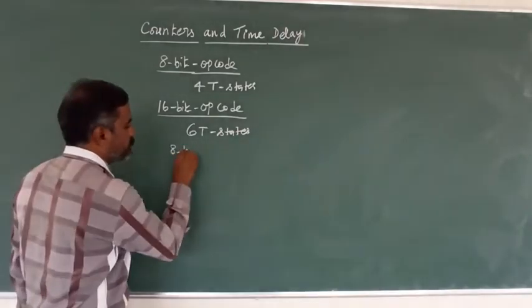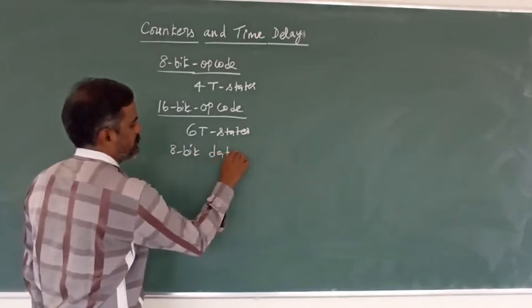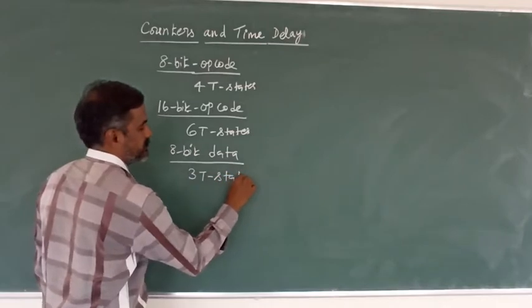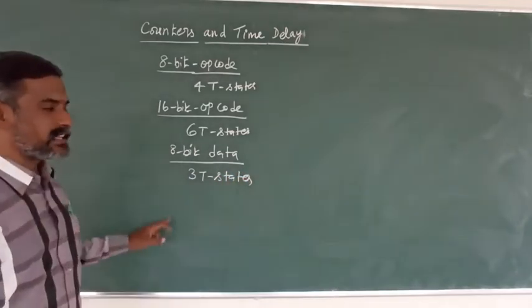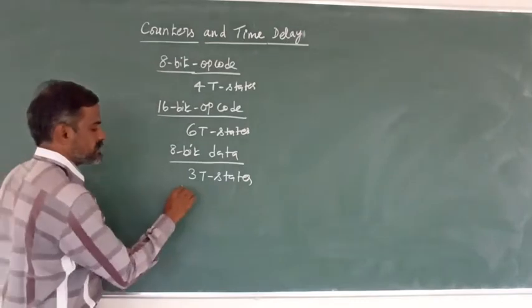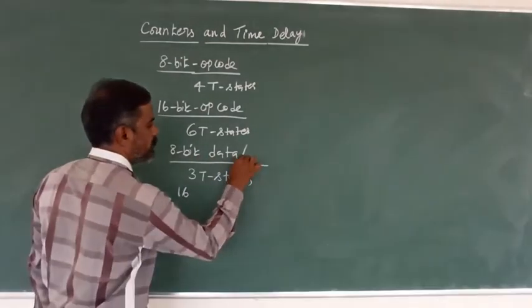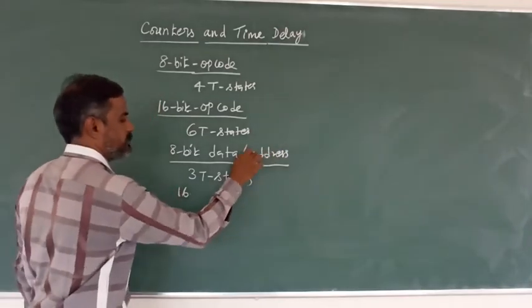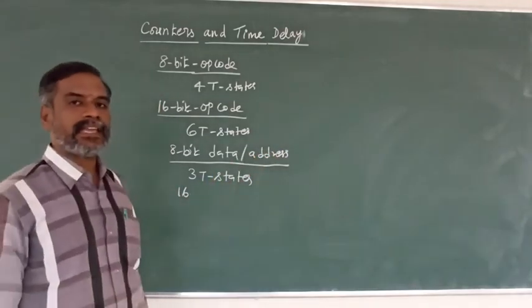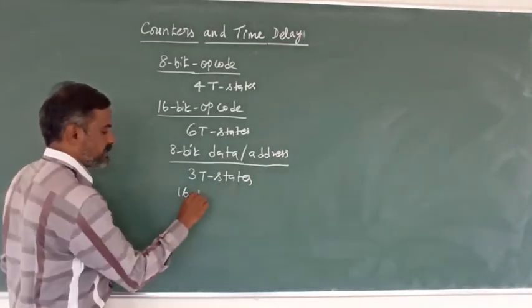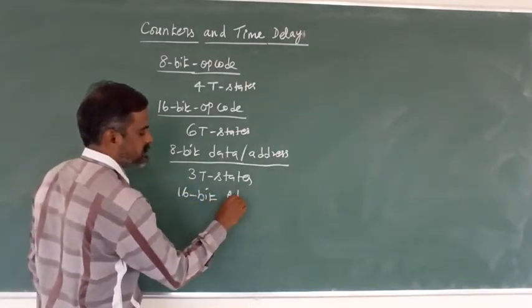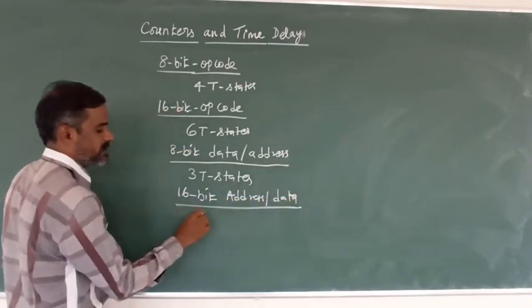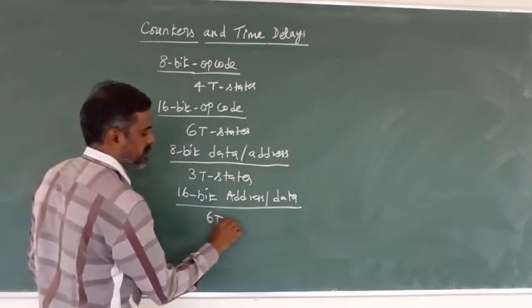8-bit data requires 3 T states. 8-bit data or an 8-bit address requires 3 T states. A 16-bit address or 16-bit data requires 6 T states.